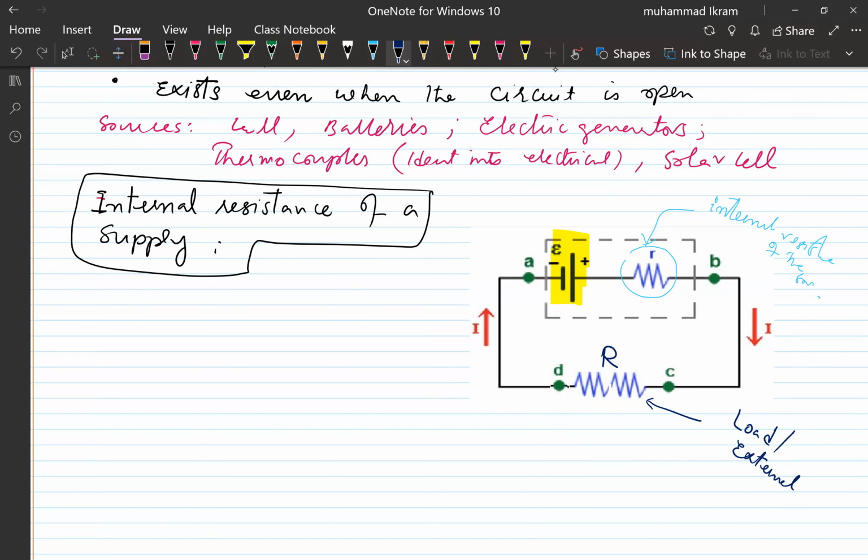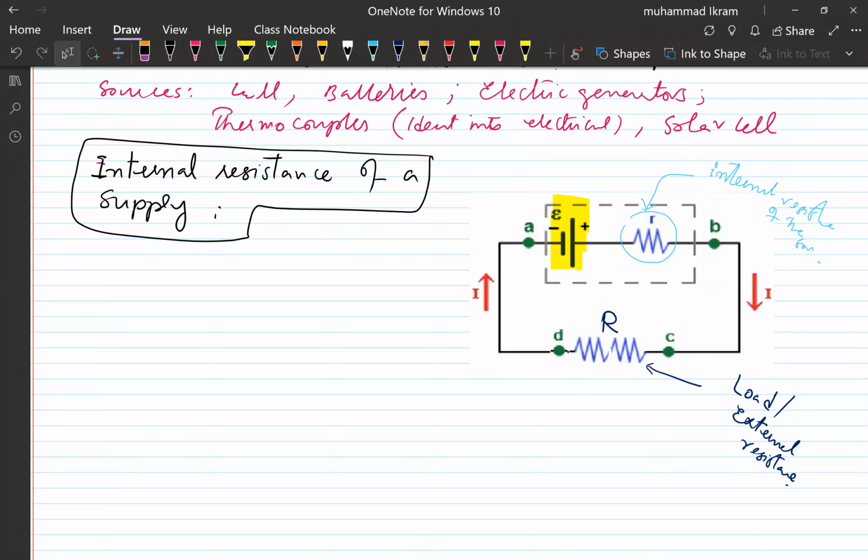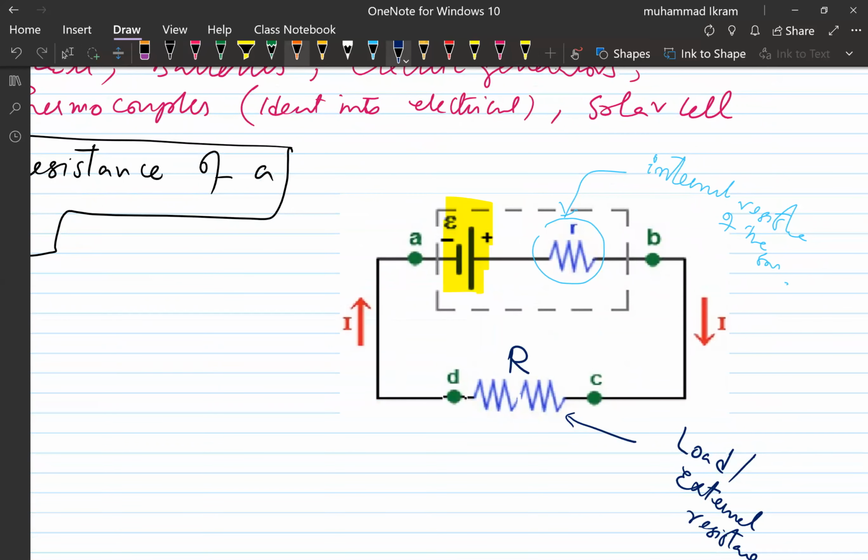So you see, in this circuit, this is your input, your entire input is here. Let me label it as your input.